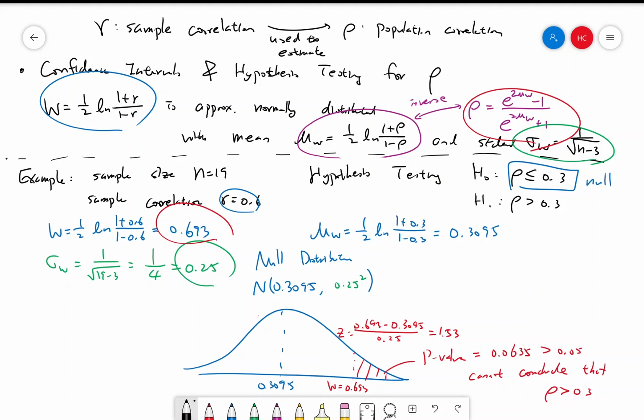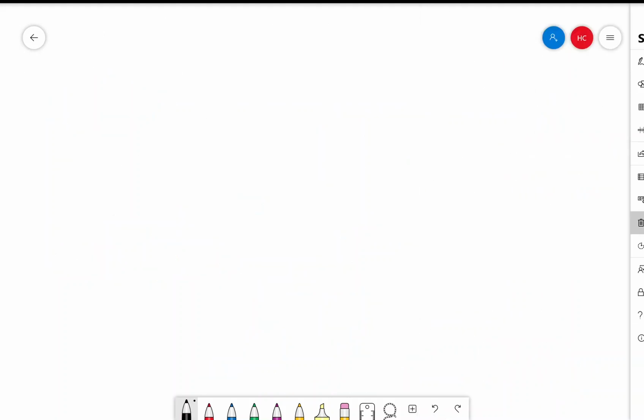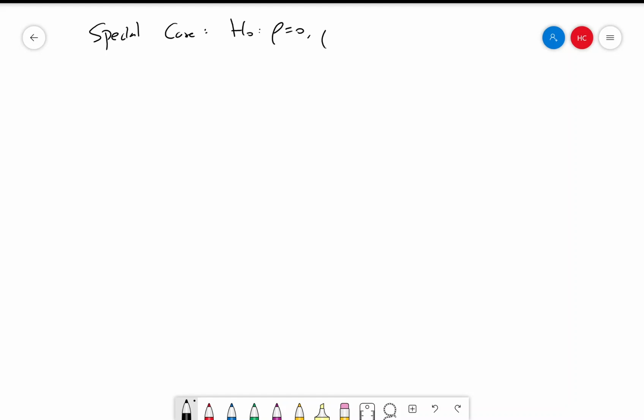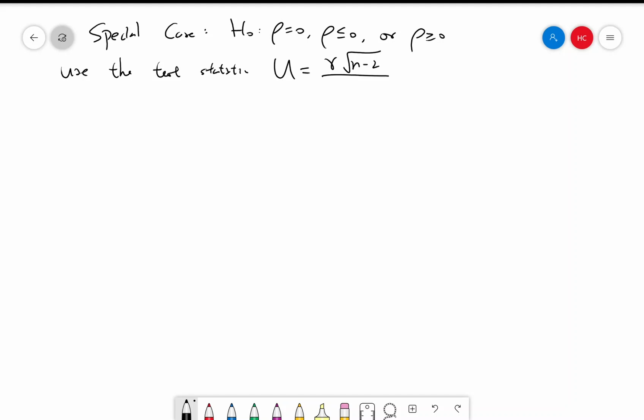Right. So one last thing for this section. In a special case where the null hypothesis is rho equal to 0, rho less than or equal to 0, or rho greater than or equal to 0, we can use the test statistic u equals r times square root of n minus 2 over square root of 1 minus r squared.